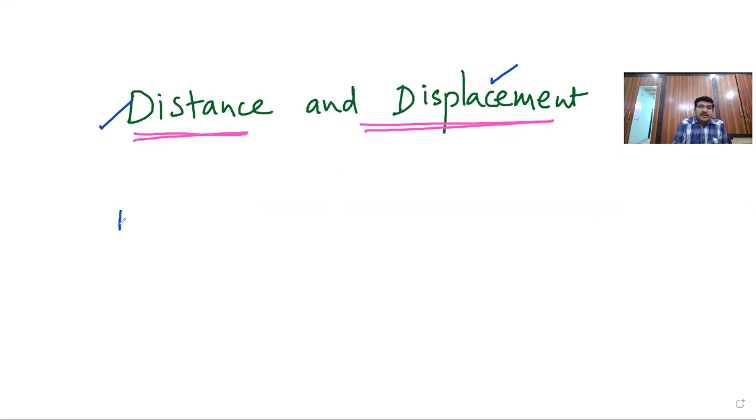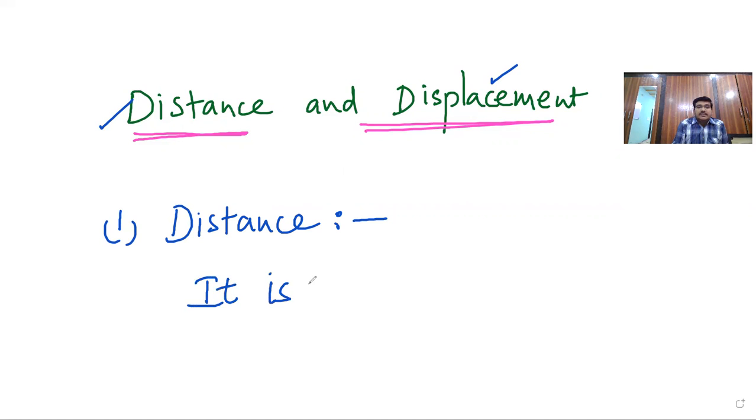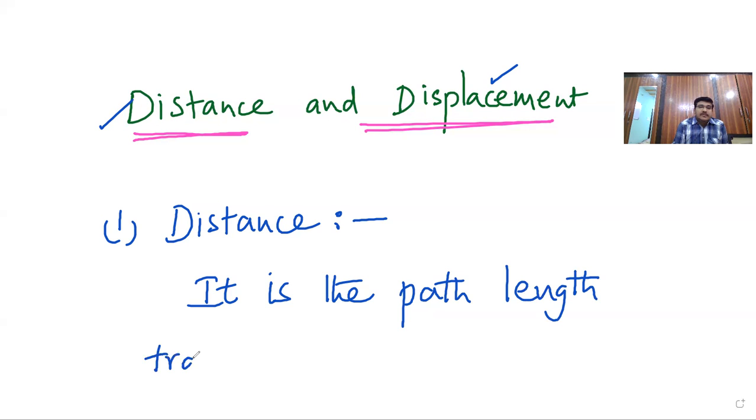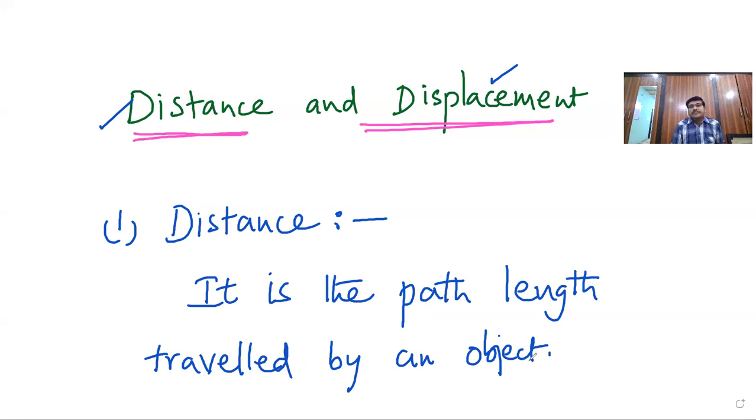If you look at the first term, distance, it is the path length traveled by an object.